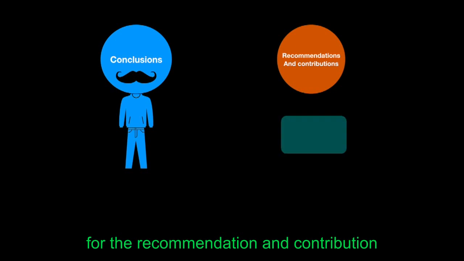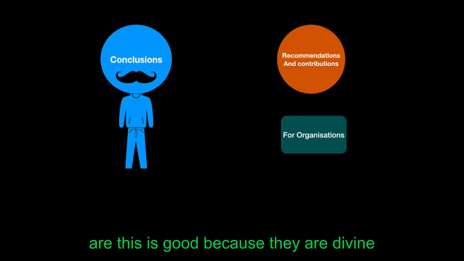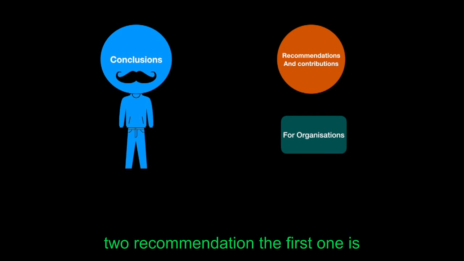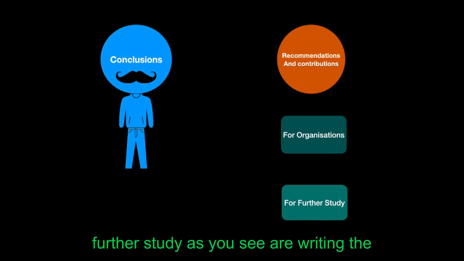And for the recommendation and contribution, it is good because they are divided into 2 recommendations. The first one is for organization, and the next one is for further study.